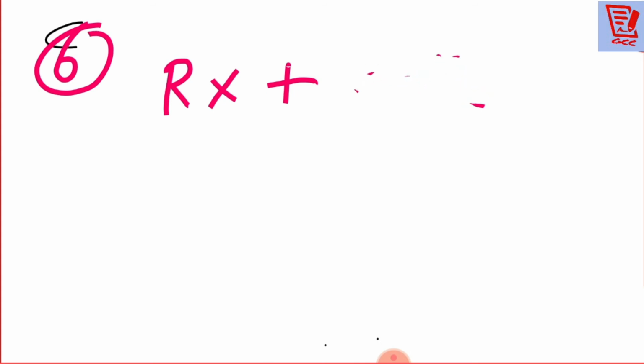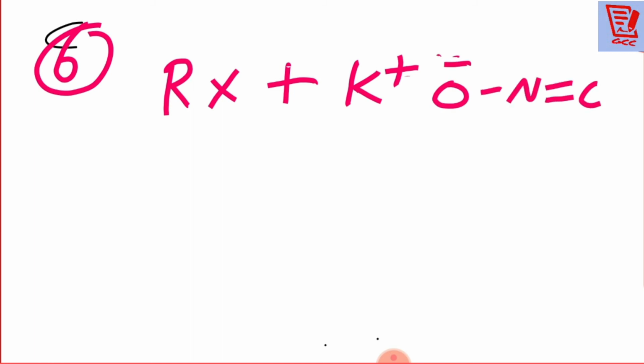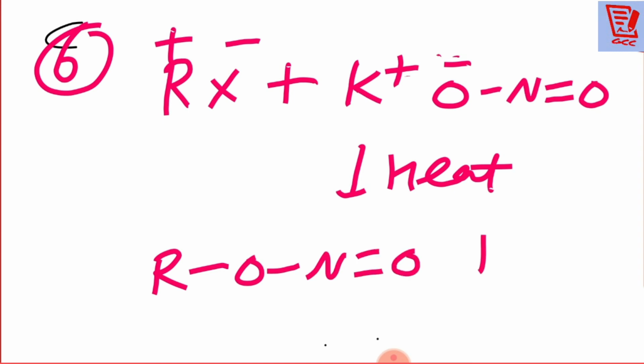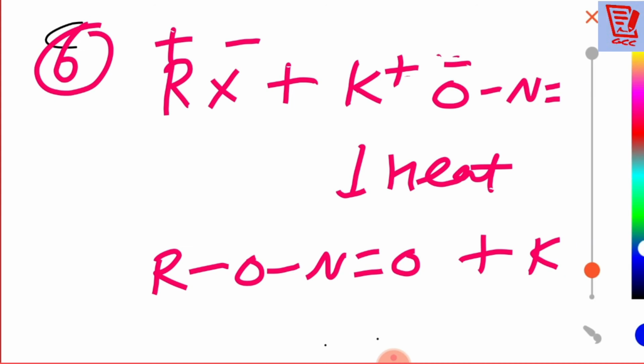Just see, all of you: K positive, then O negative, N double bond O. This is called potassium nitrite, and when we heat it, R positive, X negative, and here we get RONO plus KX.